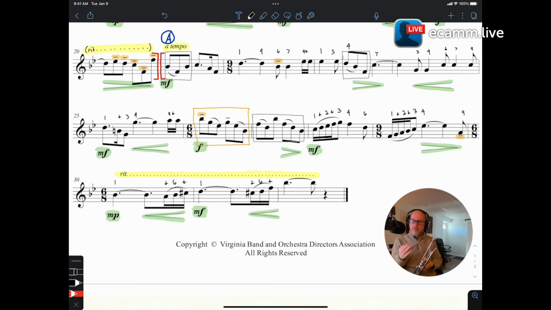What I find most tricky about that whole section is really measure 26 and 27. So slow down, lock those in, and make sure you can slur those.